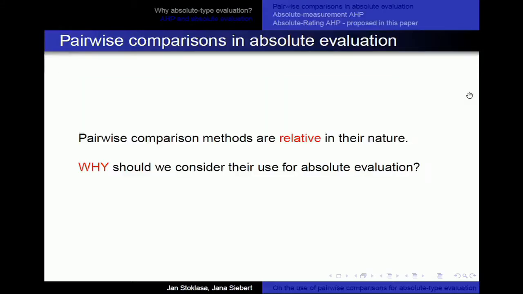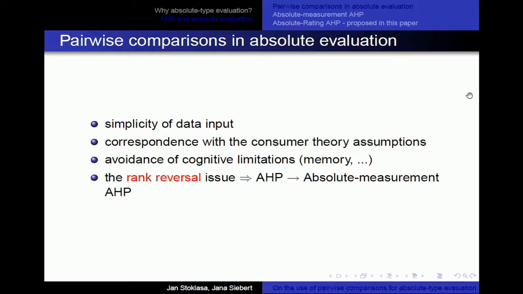if possible. Okay. I have already suggested why we should consider relative type methods for this purpose, because we know how they behave. They are easy to use. Actually, pairwise comparisons are very nice methods because you have that repeated measurement inbuilt in those methods. If you consider AHP, you compare each alternative with every other alternative on every row.